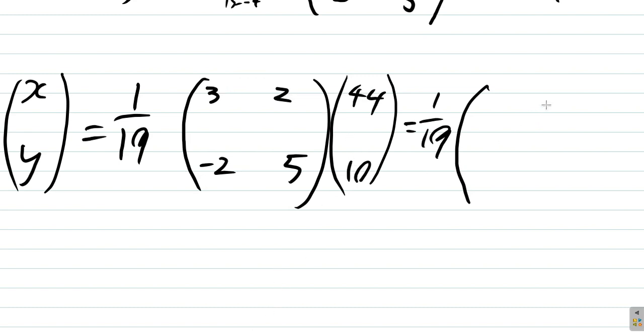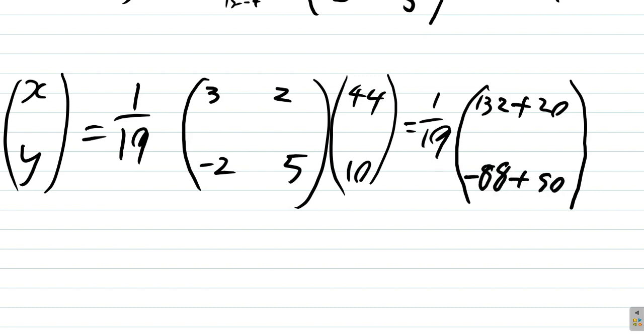What is 3 by 44? Use a calculator. It's 132 plus 2 by 10 is 20. Then -2 by 44 is -88 plus 5 by 10 is 50.